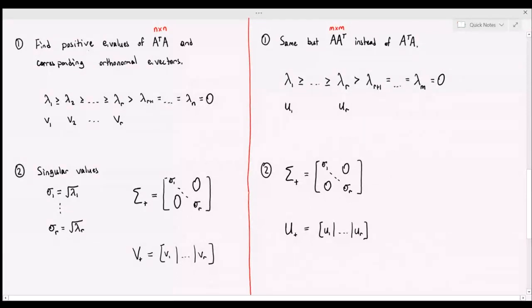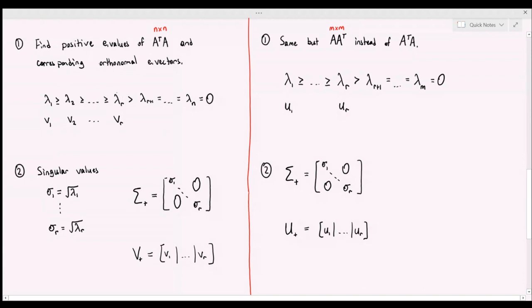So what you'll do is you'll start by finding the positive eigenvalues of A transpose A, and then finding corresponding orthonormal eigenvectors, okay? So let's say you calculate the eigenvalues of A transpose A, and here I've ordered them from largest to smallest. Okay, so lambda 1 is the largest one, lambda 2 is the next largest one, and so forth.